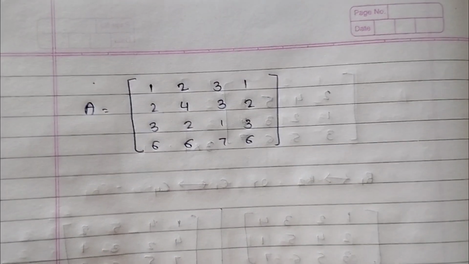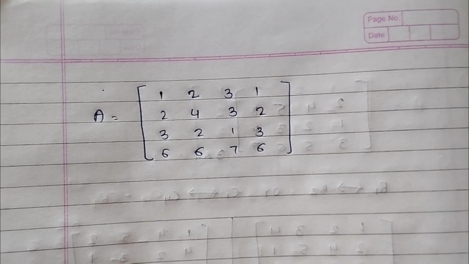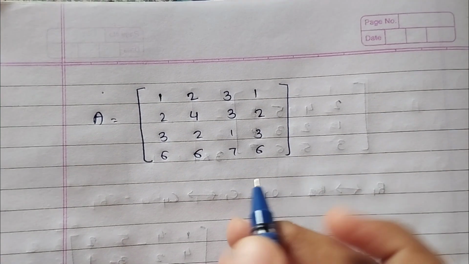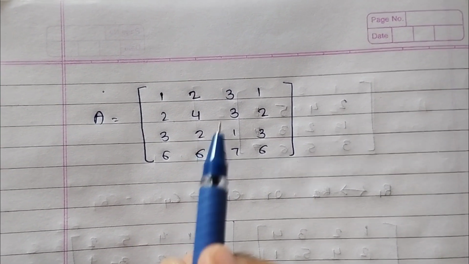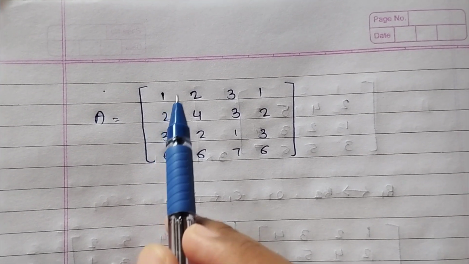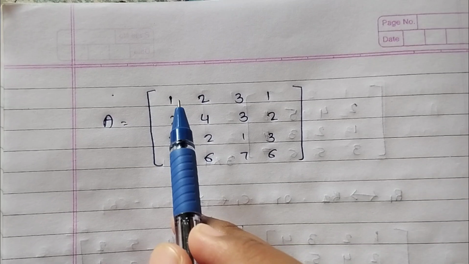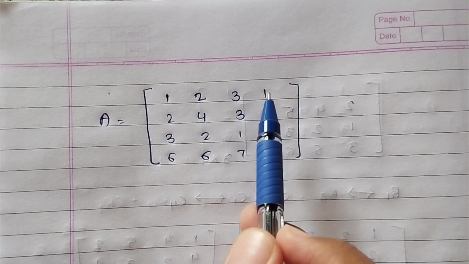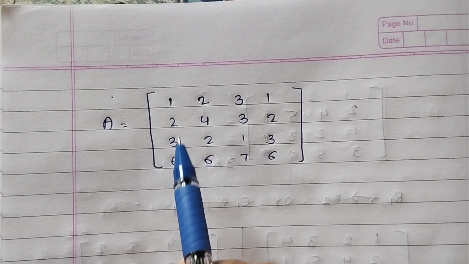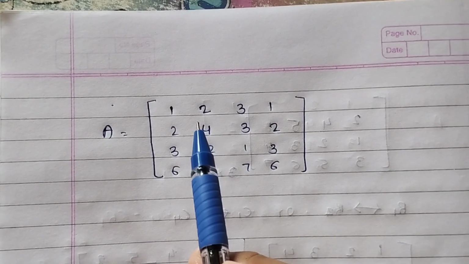Now for our better understanding, we solve one example of how to convert the given matrix into the normal form. So in this matrix our first work is done, since a11 is equal to 1. Now the second rule: we convert the first column, bringing all the elements below to 0.